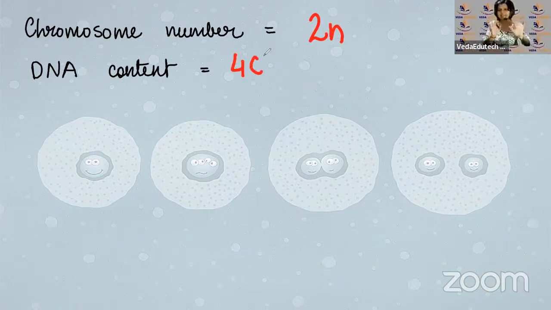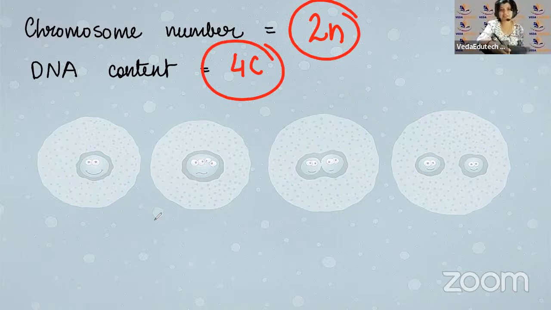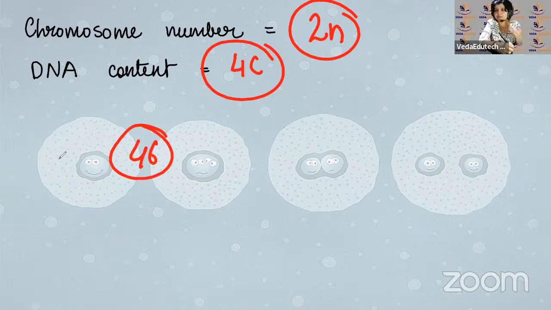We did not do anything with the chromosome or DNA, so it is the same as it was at the end of S phase. We must remember this. If somebody asks what is the number of chromosomes in a human cell in G2 phase, it is the same as it was in G1 phase. It is still 46.